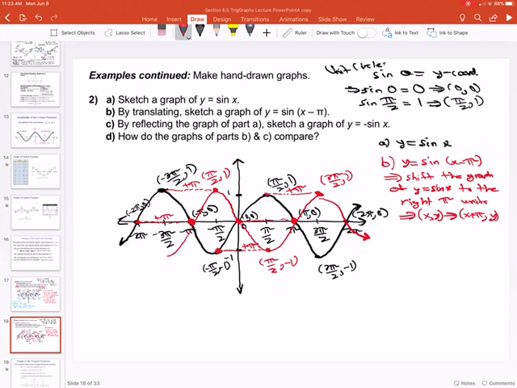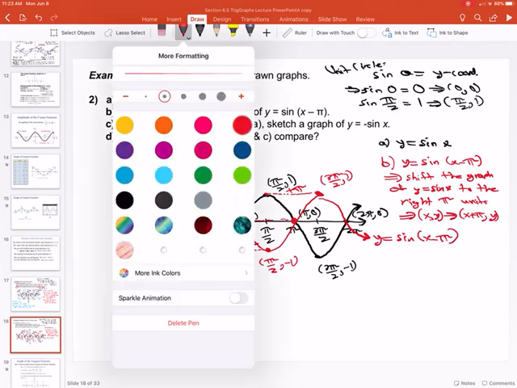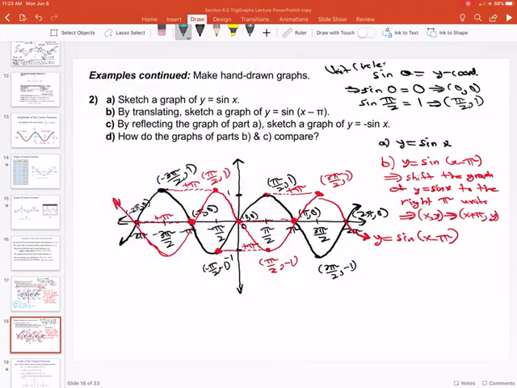That pattern repeats every what? 2 pi. Well, there's the graph of y equal to the sine of x minus pi. You can put it in your calculator if you want to check it. There's its sketch, using my parent model to quickly sketch with transformations.